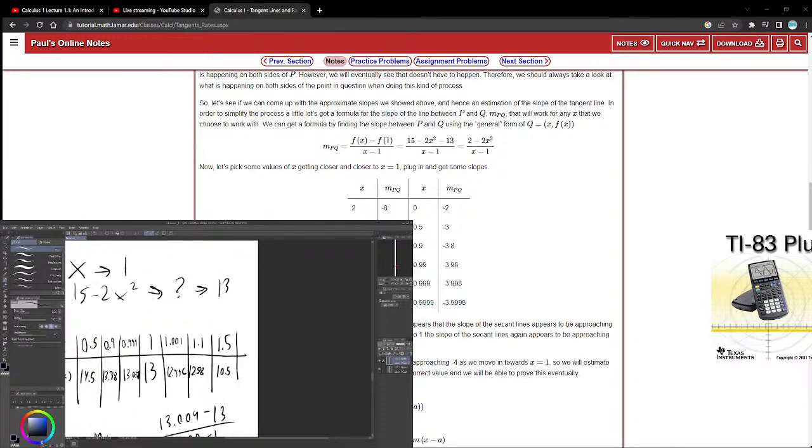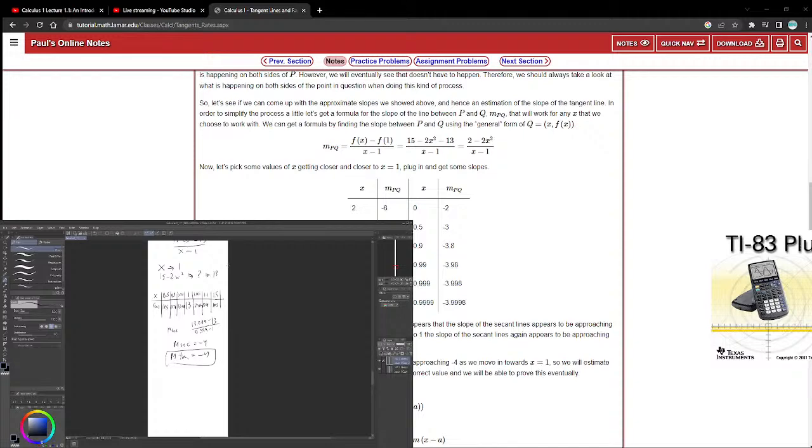And if I plugged in 0.9 repeating forever for x, then it should be approaching -4. So yeah, you can see it gets closer to -4.